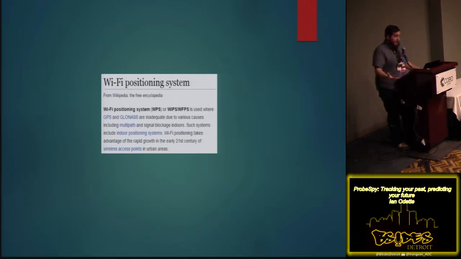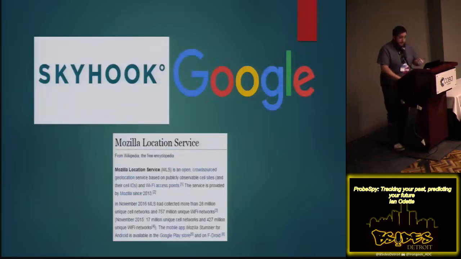And you populate a giant database with all of these different data points, and then if your phone or other processing-deficient or power-deficient device needs to find out where it is, it can collect a list of the networks that are around it, submit it up to this database, and it'll do a kind of Venn diagram search of all the places in the world where these networks can be seen, and then return a location to the device. Now, there are a handful of services that allow you to run queries on this.